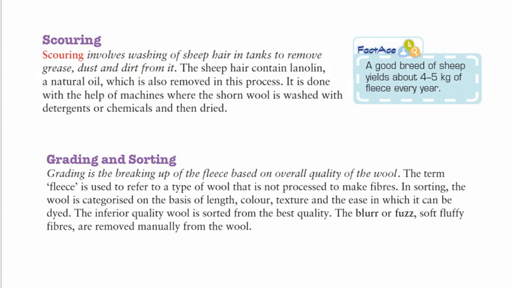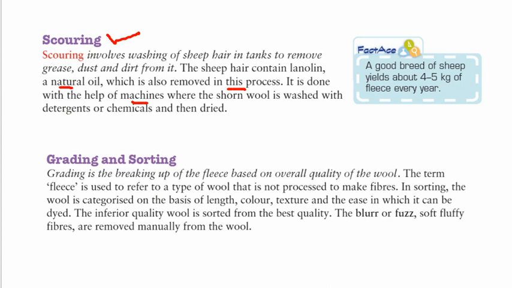And this lanolin oil is also removed in this process. So during the scouring process we also have to remove the lanolin oil from the sheep hair. Clear? And it is done with the help of a machine. This is not a manual process.